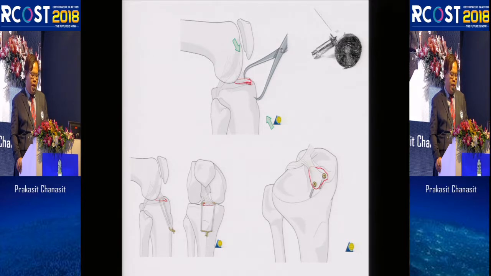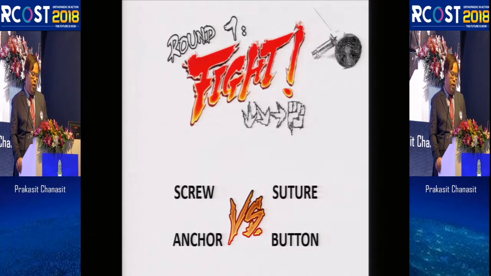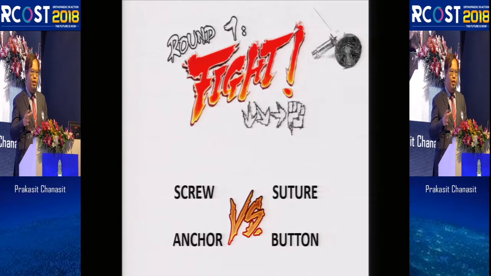Open and use the clamp to reduce and then put the screw in, or the suture pull-out technique. So after reviewing these two papers, we can see that even though the arthroscopic surgery is better, the open surgery is good also.